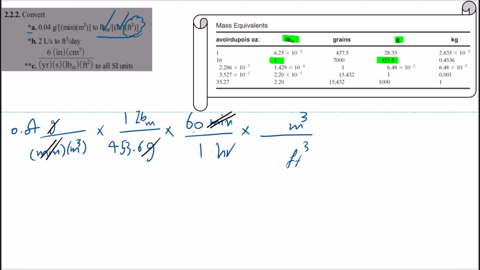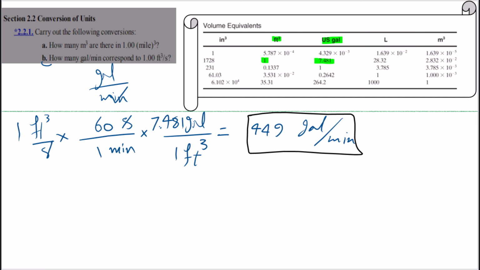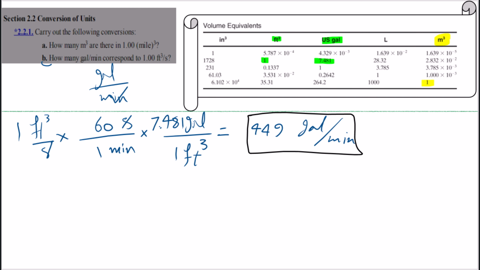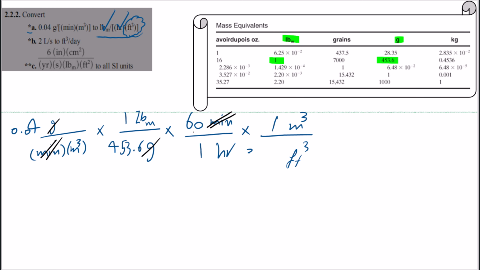From the previous question, you can use the chart and you'll understand that 1 cubic meter equals 35.31 cubic feet. So the answer is 0.0001498.